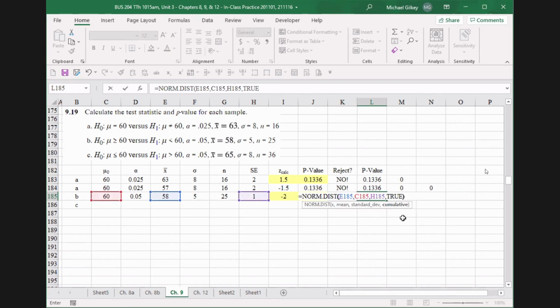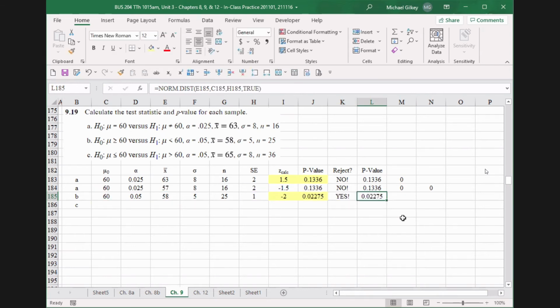And then cumulative is true, and then we get the same value. Right, and we can check, are those numbers equal? Yes, they're exactly equal. Are we okay? Okay. Any questions on this one before we go to the last one?